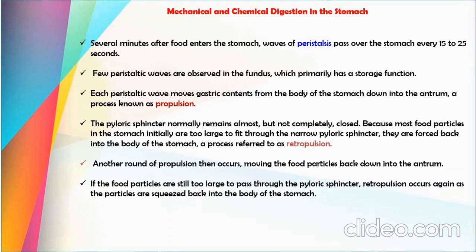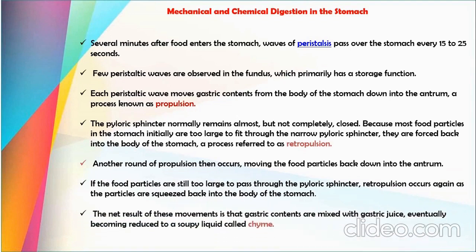If the food particles are still too large to pass through the pyloric sphincter, retropropulsion occurs again as the particles are squeezed back into the body of the stomach. The net result of these movements is that gastric contents are mixed with the gastric juice, eventually becoming reduced to a soupy liquid which is called chyme.